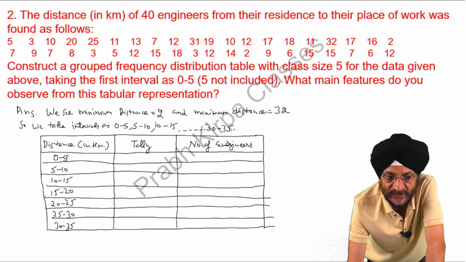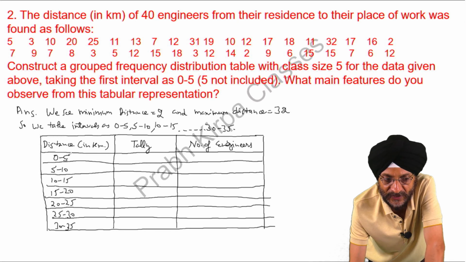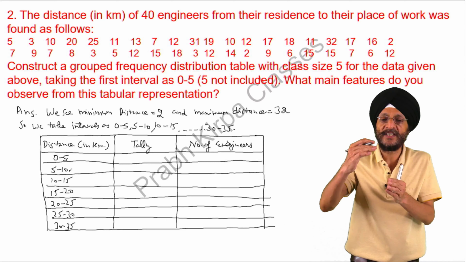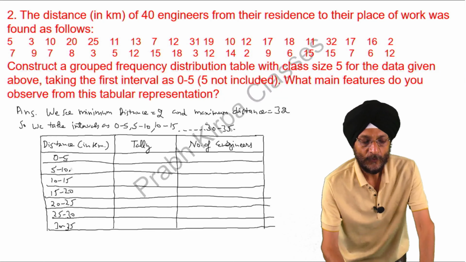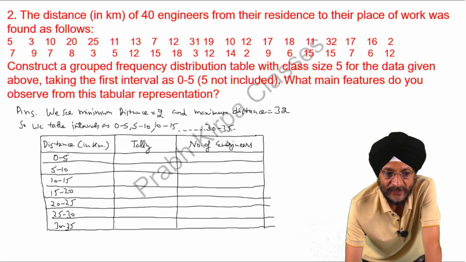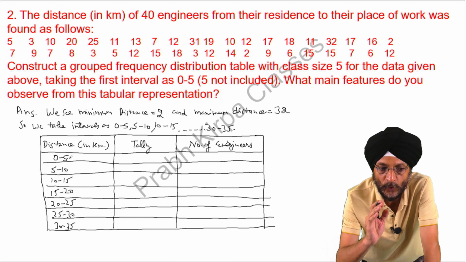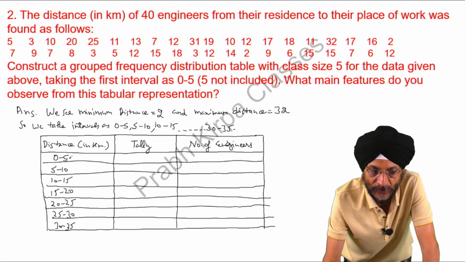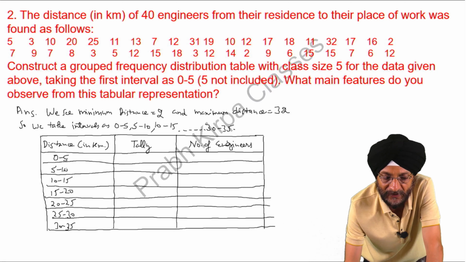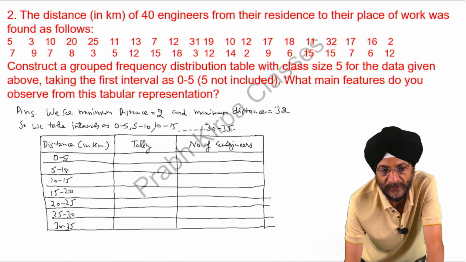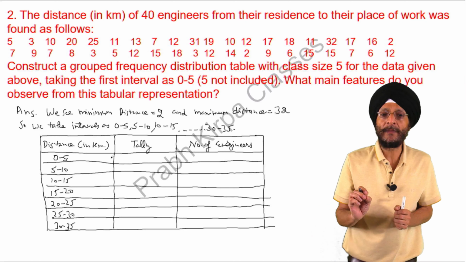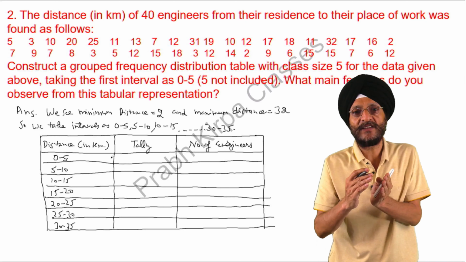The upper limit of each group will not be counted, because this is the convention we follow. All the engineers who travel less than 5 will be counted here; 5 and above, but below 10, will be counted in the next. So this is to be remembered, because this is the convention.